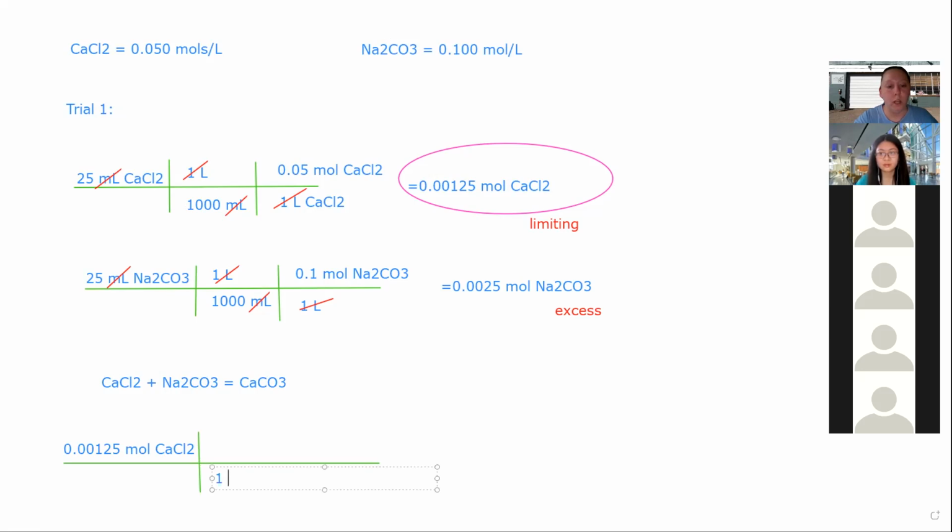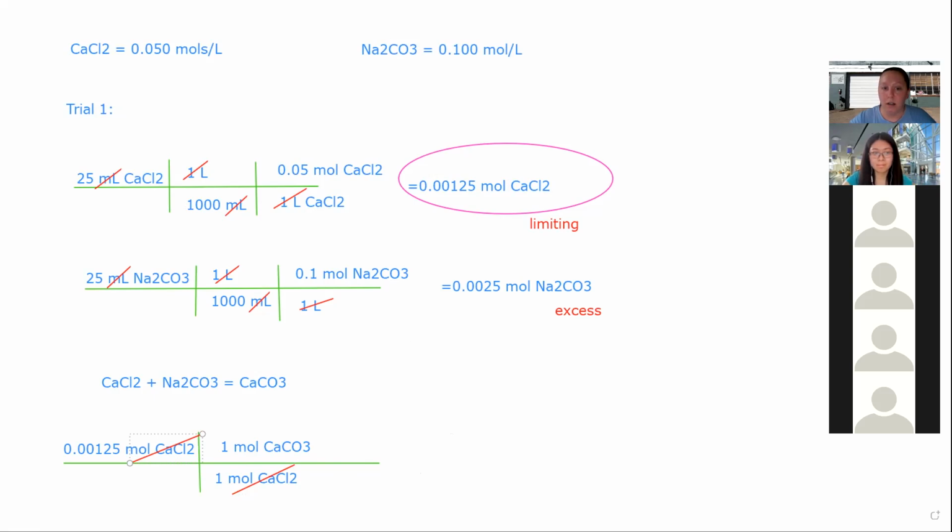For every 1 mole of calcium chloride that we have, we can make 1 mole of calcium carbonate, okay? And we want the moles of calcium chloride on the bottom because we want to cancel out those units. And we want to be left with moles of calcium carbonate after this relationship, okay?